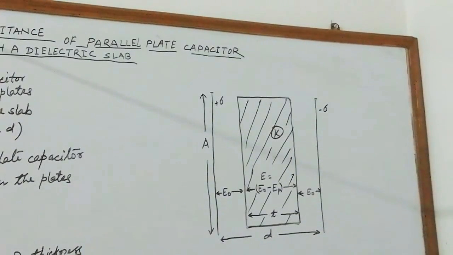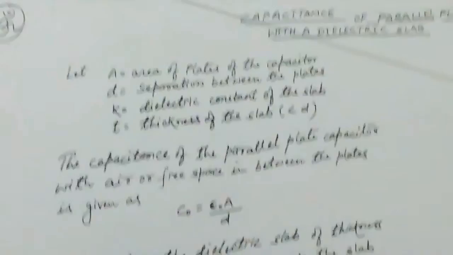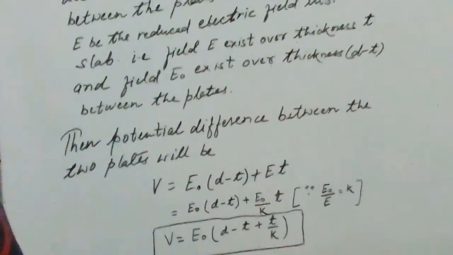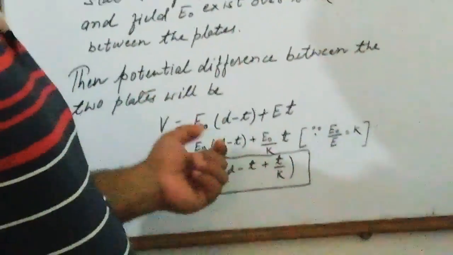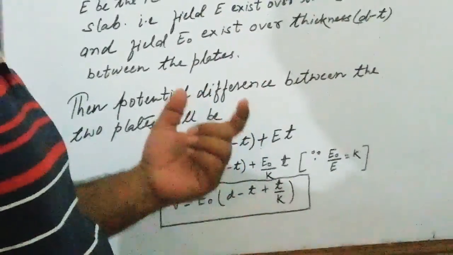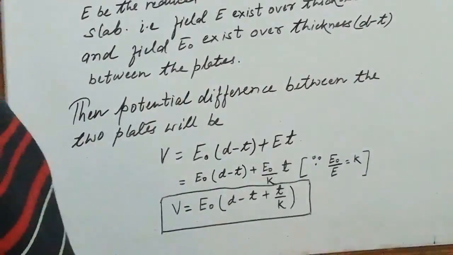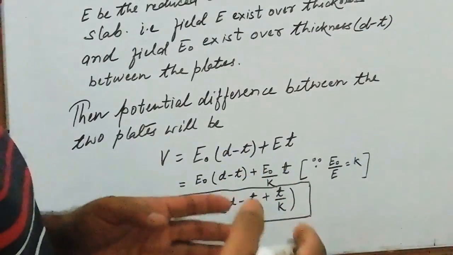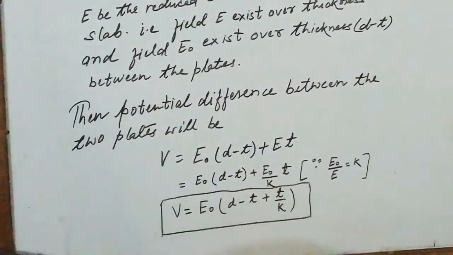So the potential difference between the two plates will be V, and V is equal to E naught into d minus t, because E naught exists over the separation d minus t, plus E into t, because E is the electric field which exists only under the dielectric slab of thickness t. So it will be E t. Now move ahead.